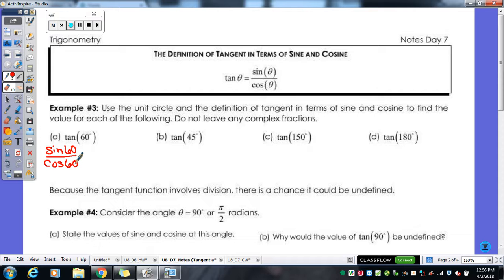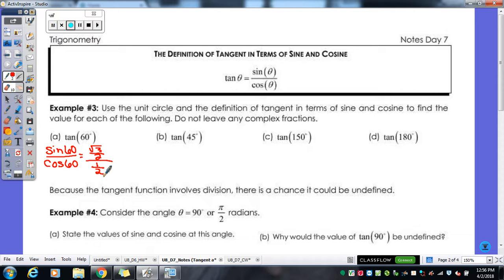What is the value of the sine of 60? Use your unit circle. Find the y-coordinate for 60. Radical 3 over 2. What's cosine 60? One half. But we can't keep it like that. We can't have two fractions within another fraction.